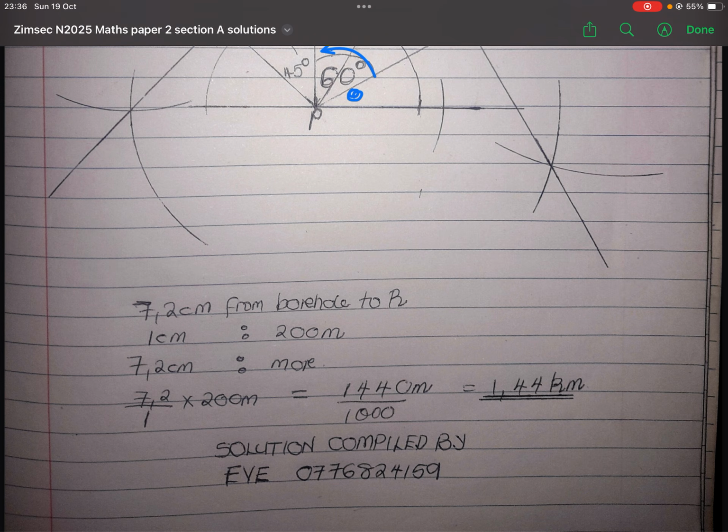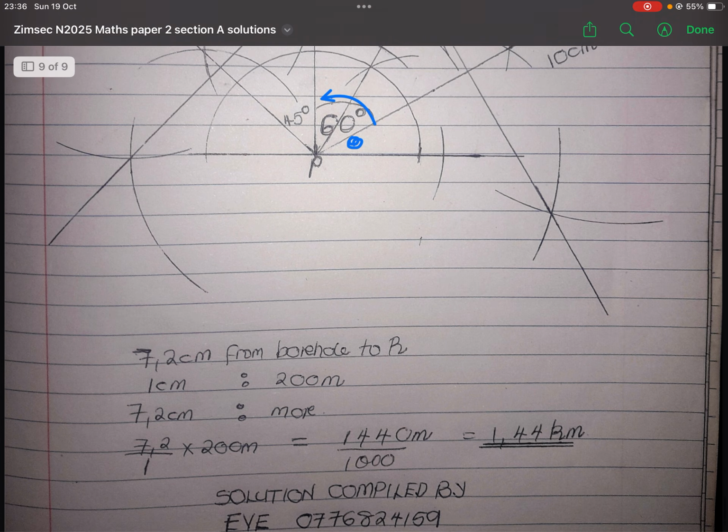So this question on bearing was one of the easiest bearing questions, but it required students to understand the topic on scales and simple math problems, and also to understand the bearing, the compass bearing, right, and also the locus language.